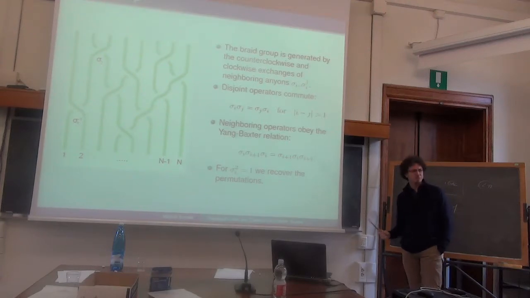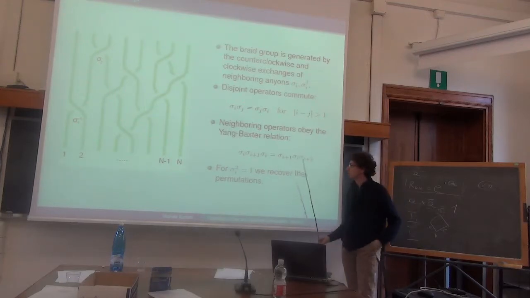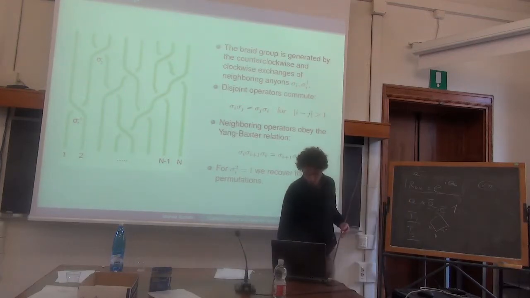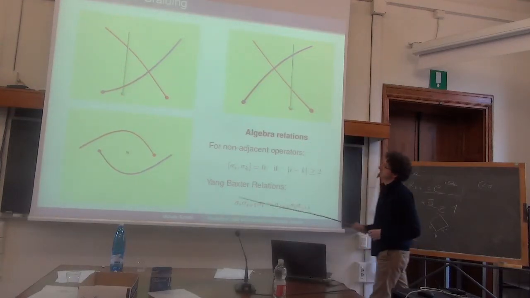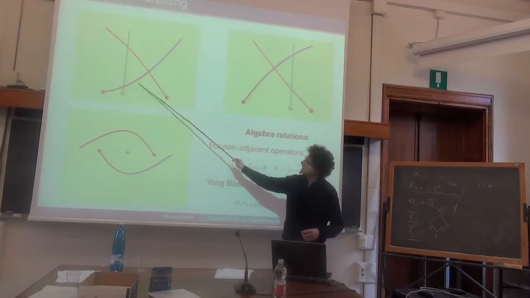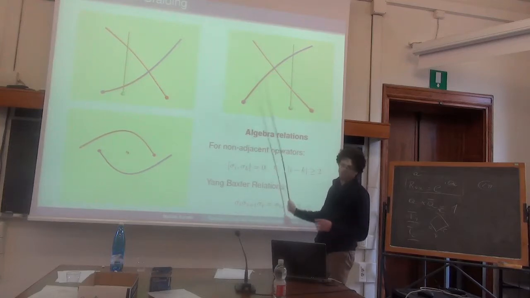And I guess that, speaking about integrable systems, someone else already told you about the Yang-Baxter equations. However, to give you an idea of what the Yang-Baxter equations are, they tell me that this way of representing the world lines and this way of representing the world lines actually correspond to the same process.